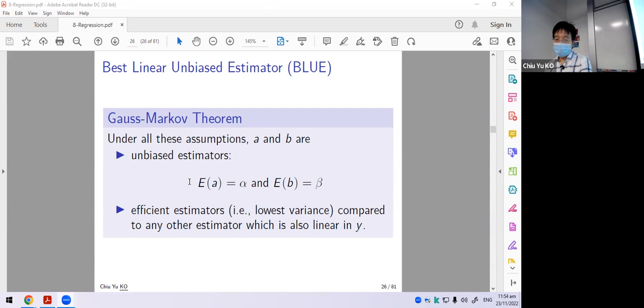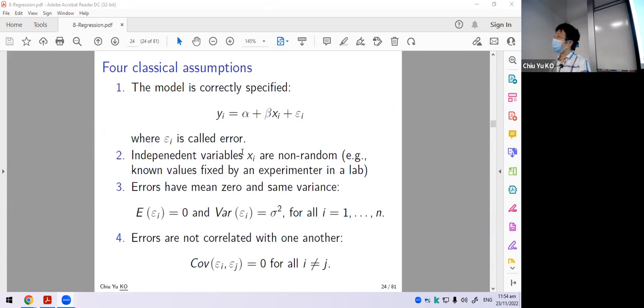Now, if you are only interested in point estimation, then we're almost done. The only thing left for this model is to calculate an estimate of sigma square, right?